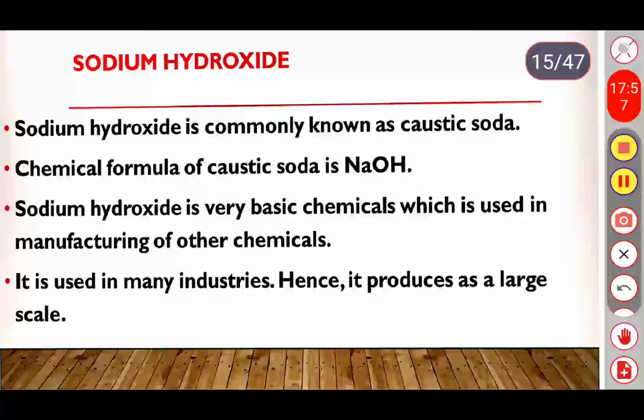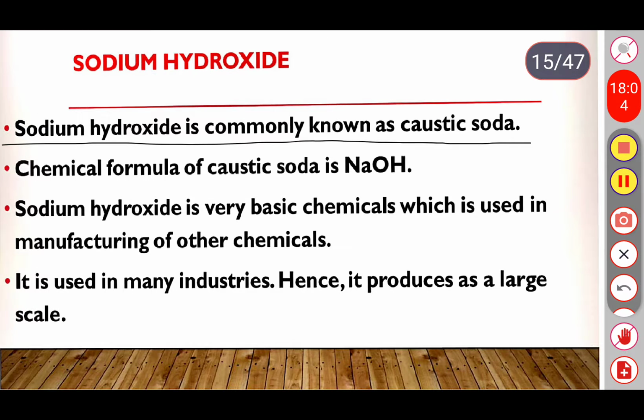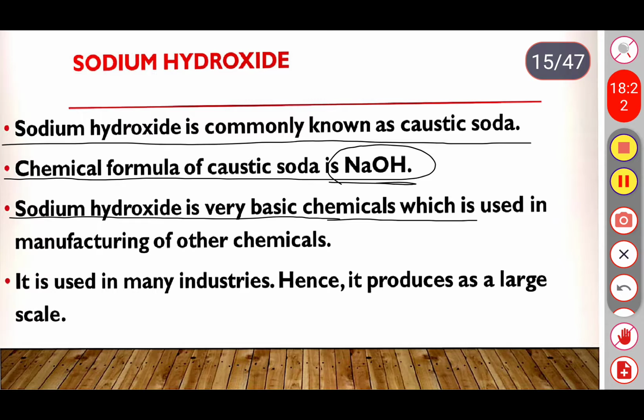Next one, sodium hydroxide is commonly known as, what is the one more name for sodium hydroxide? Caustic soda. The chemical formula of caustic soda is NaOH, sodium hydroxide. Next one, sodium hydroxide is a very basic chemical which is used in the manufacture of other chemicals.